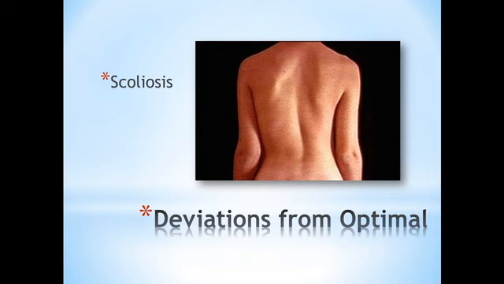Skeletal dysfunctions resulting in scoliosis are typically referred to as structural scoliosis, whereas if I have muscular tightness and ligamentous tightness, then we end up with a functional scoliosis. We typically look at scoliosis as a frontal plane deformity, so we look at this lateral deviation in the spine.